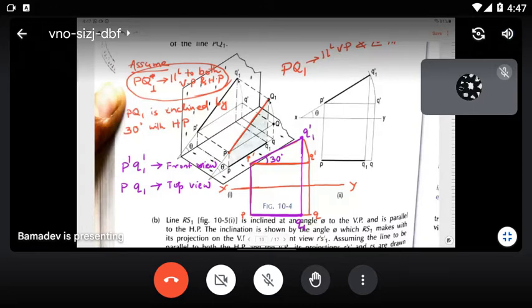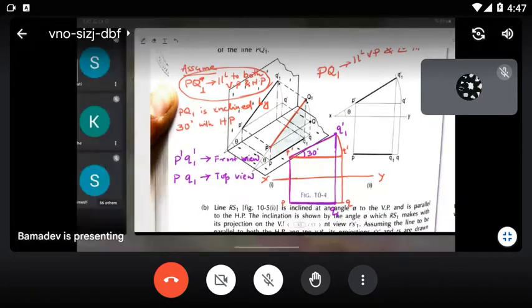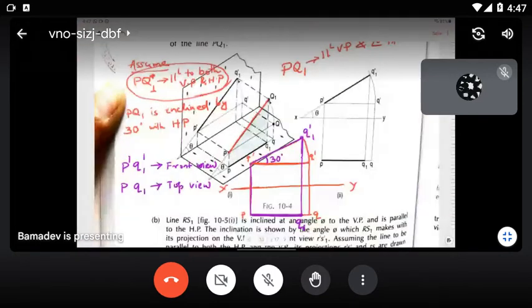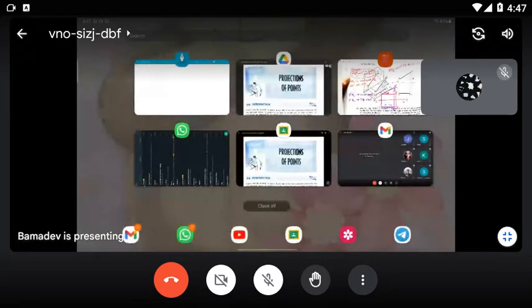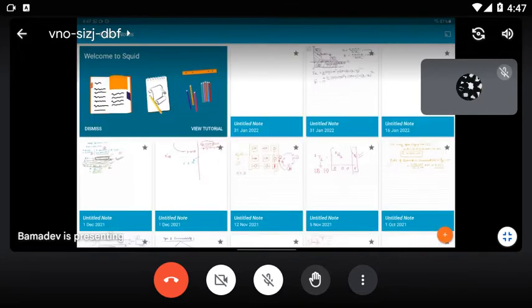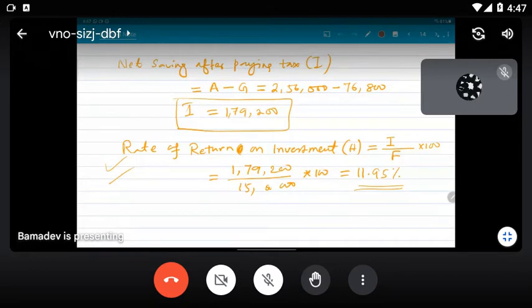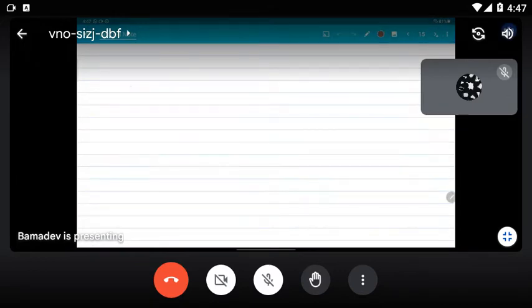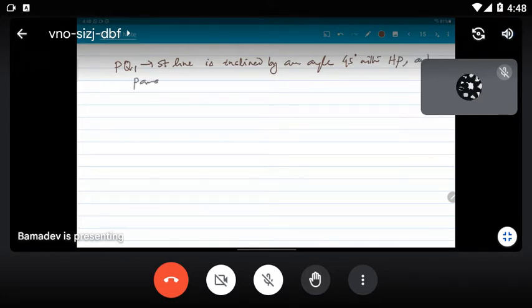Okay, let us repeat. So here PQ1 straight line is inclined by an angle say 45 degree with HP and parallel to vertical plane.